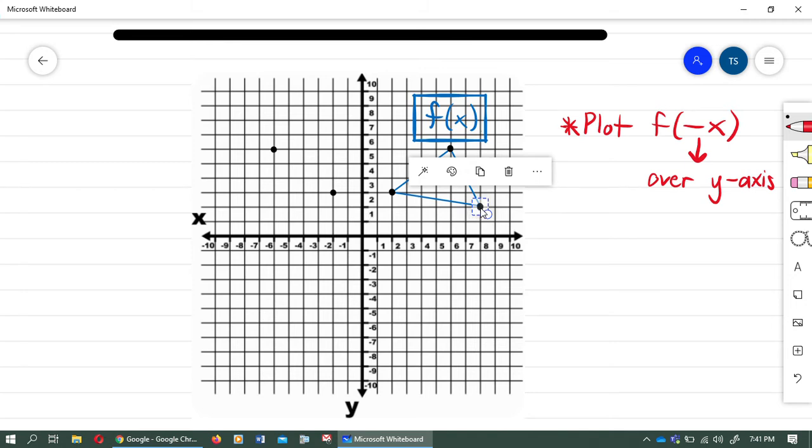This point is at the ordered pair 8, 2, so it's 8 units away from the y-axis on the right side. The new point should also be 8 units to the left of the y-axis.